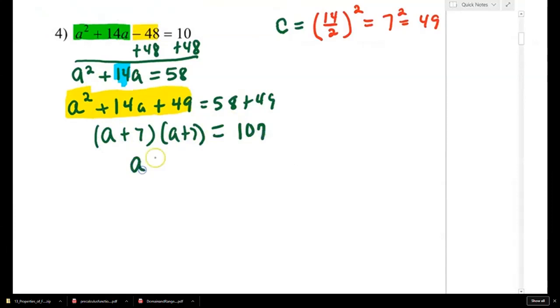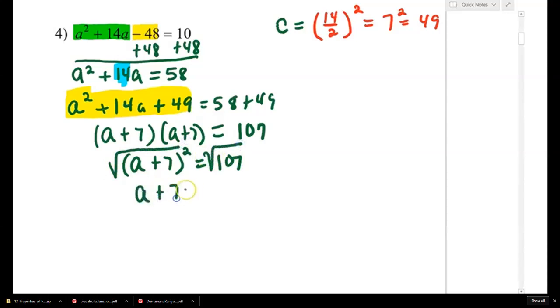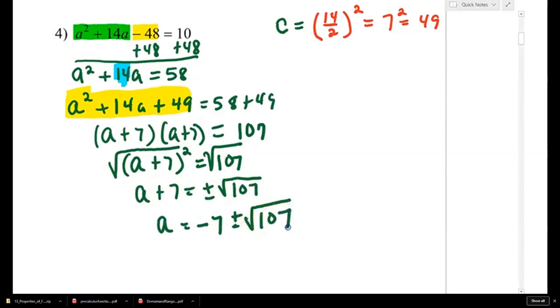So you have a plus 7 raised to the second power gives you 107. And then you get the square root of both sides. So you have a plus 7 is equal to plus or minus square root of 107. Subtract 7 from both sides. So it's negative 7 plus or minus square root of 107.